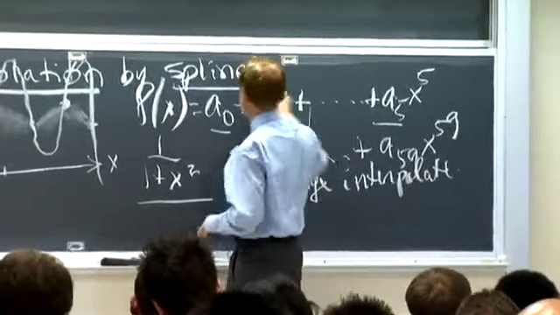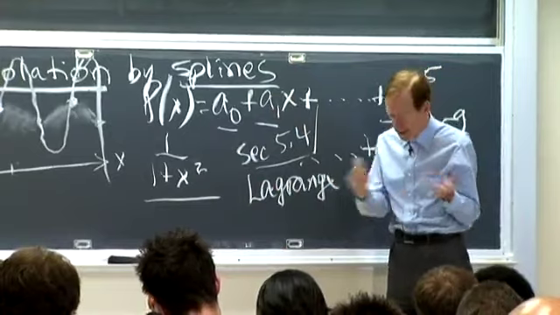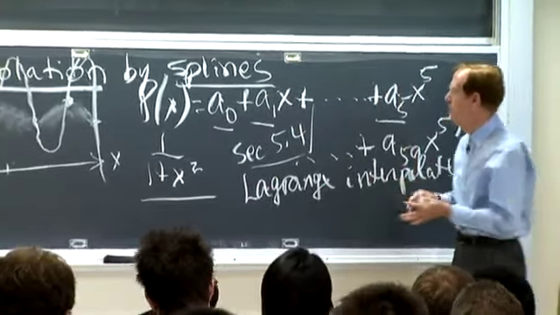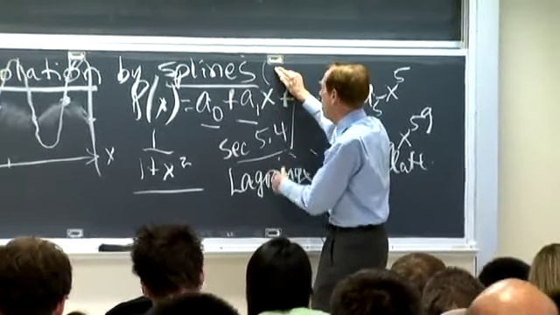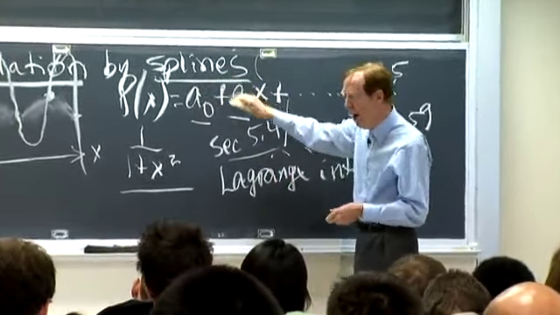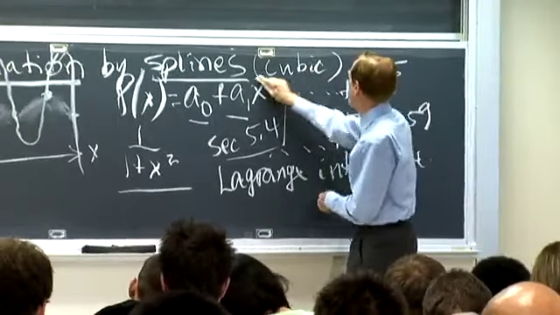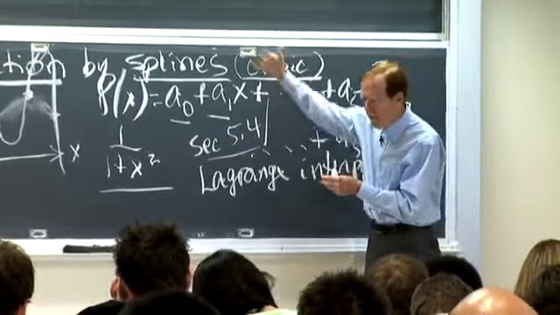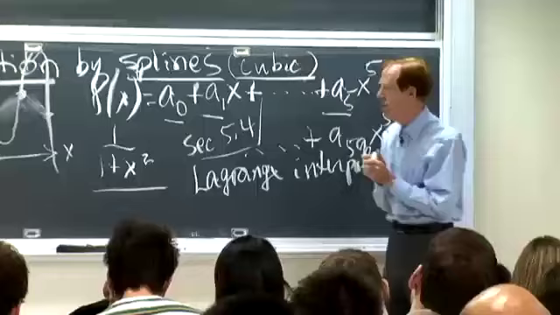So that's where it's just sort of appearing in this section 3.2. And people often do mean, when they say spline, they mean cubic spline. You could have splines of other degrees, but often the natural choice is the cubic.